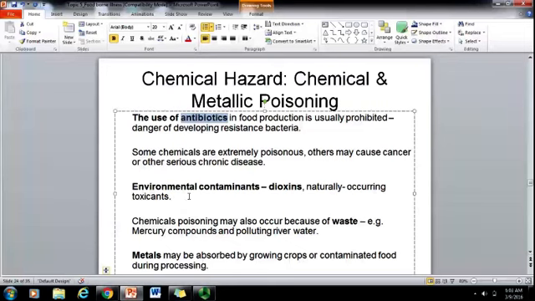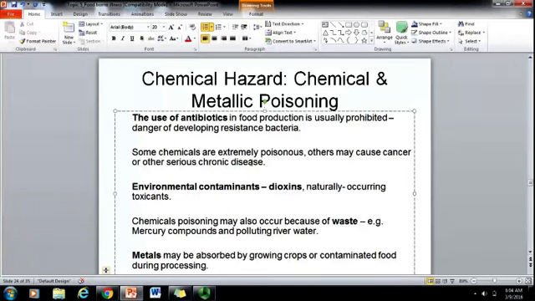And for the other factors of chemical hazard, some of the contaminants come from the environment itself, such as dioxin. Dioxin can be found in soil, in the food itself, and also in the sediments, right?